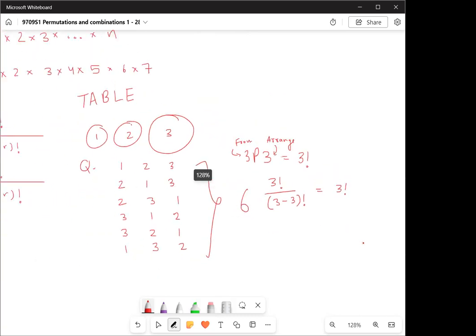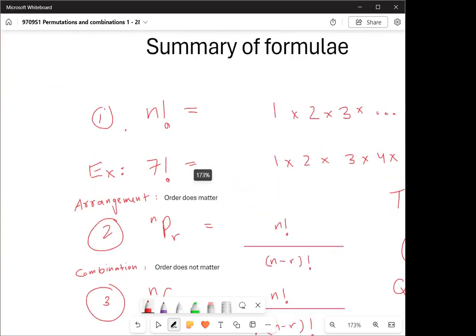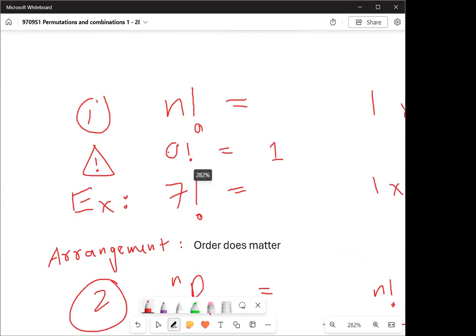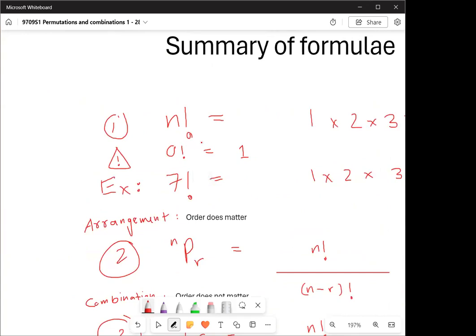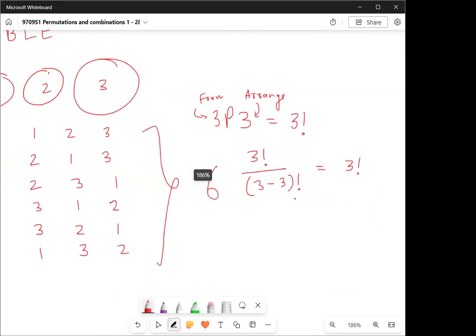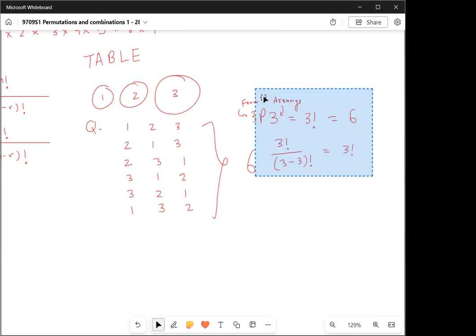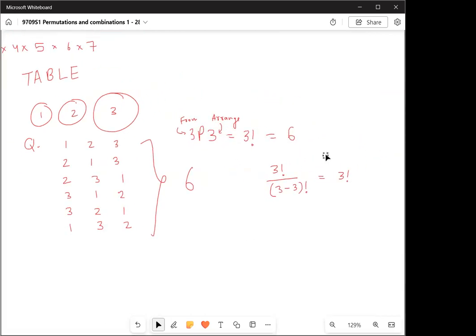Another basic rule which you should know, an important one, is that 0 factorial is 1, because there's only one way of arranging nothing. So 3p3 is 3 factorial, which is obviously 6. So that was for arrangement, which is basically permutation.